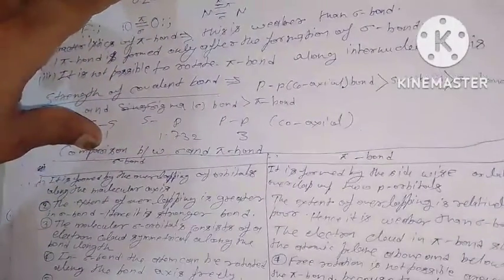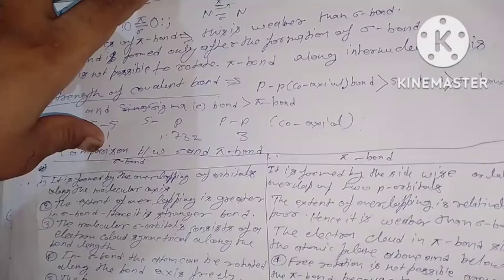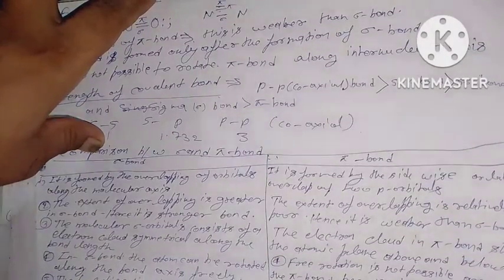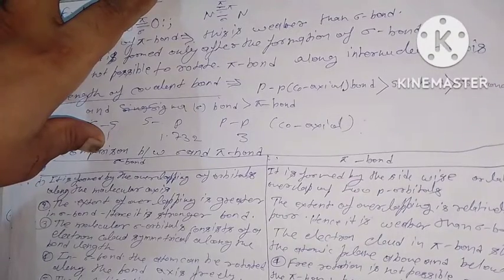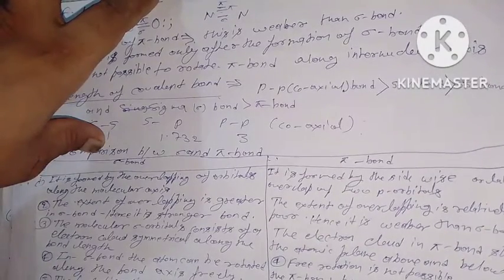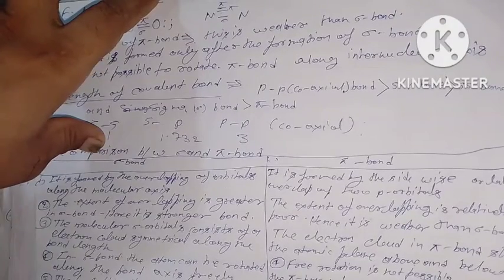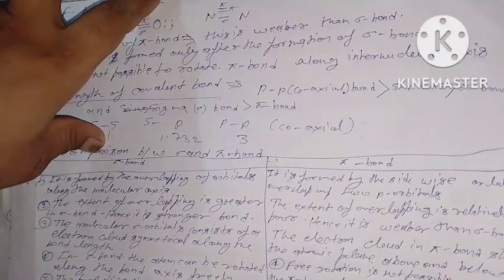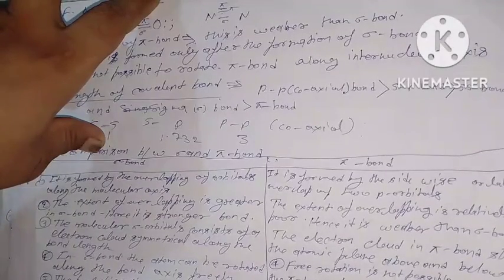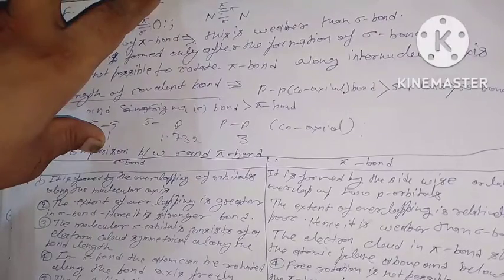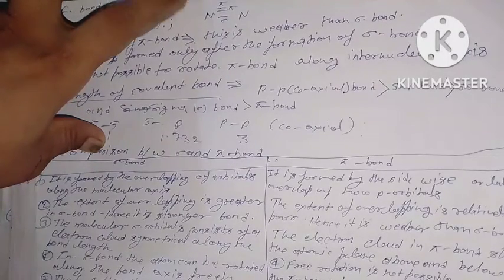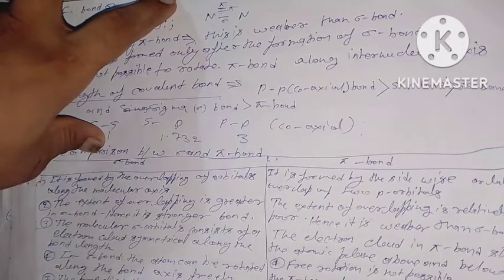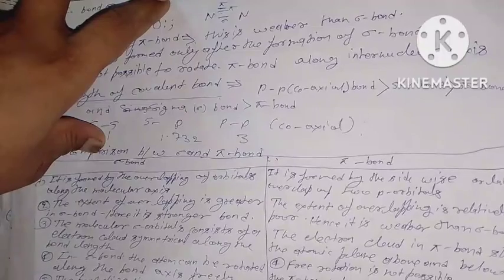Fifth comparing point. The bond direction is determined by the sigma bond. It also determines the existence of bond length.